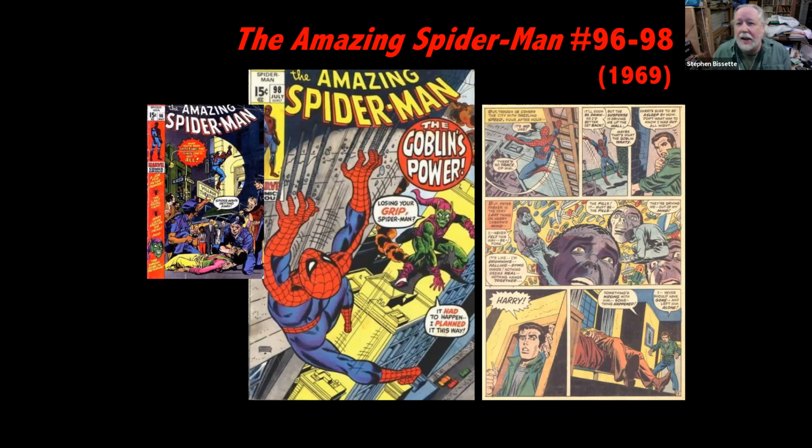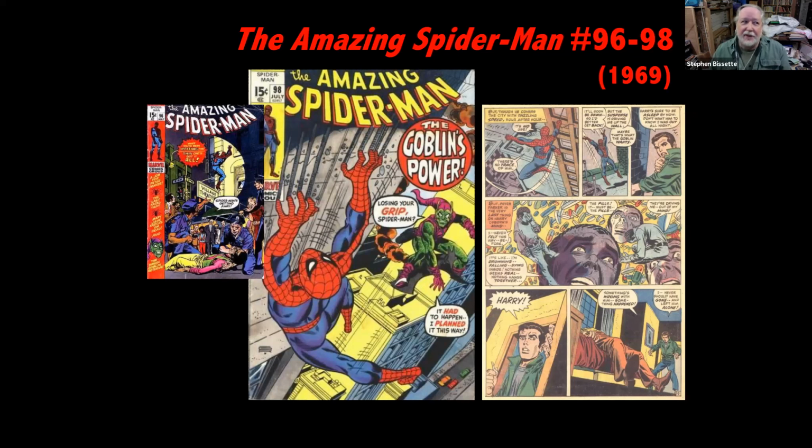And in fact, it turned out to be a 3-part narrative that was originally published in The Amazing Spider-Man numbers 96, 97, and 98. And these were all published without the code seal of approval, because when Marvel submitted the issues to the code, it said no. You cannot depict drug use in any way, shape, or form.